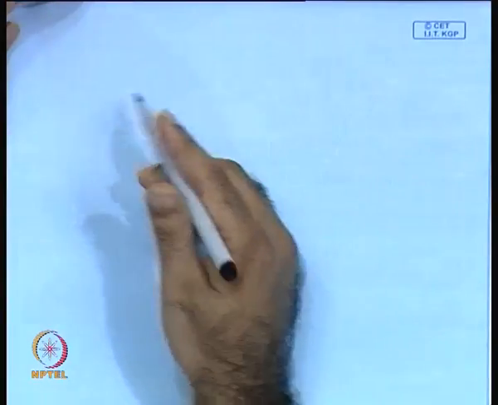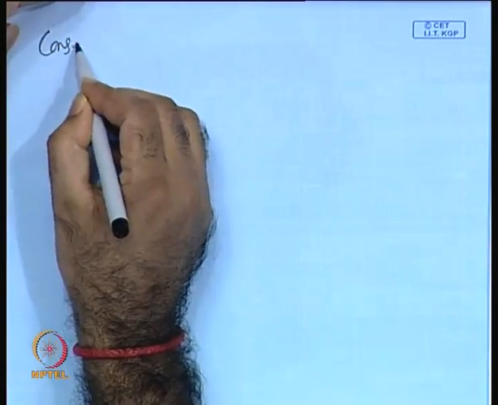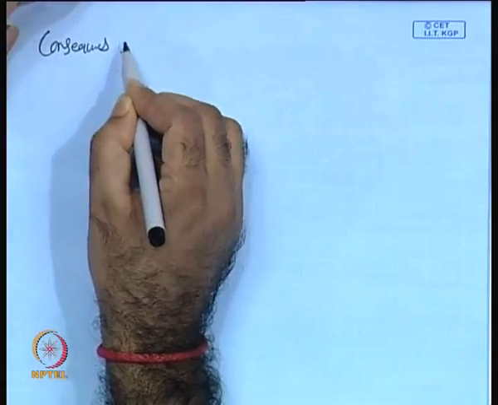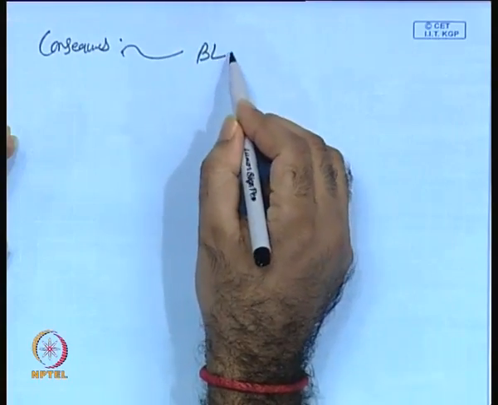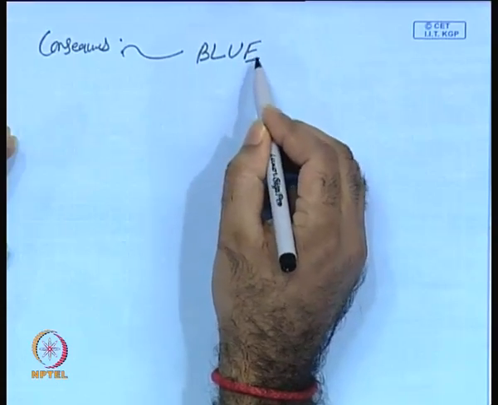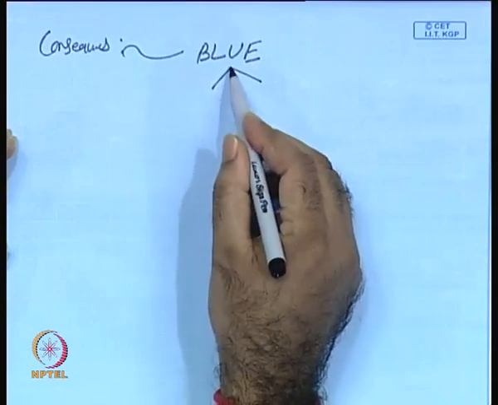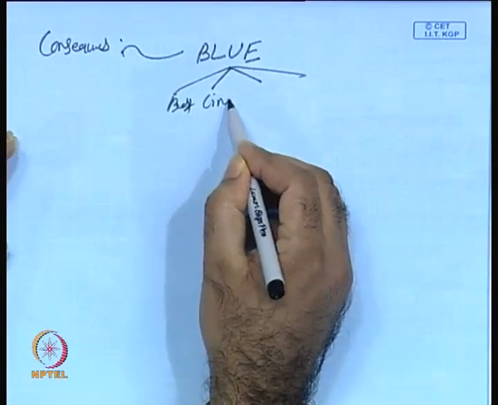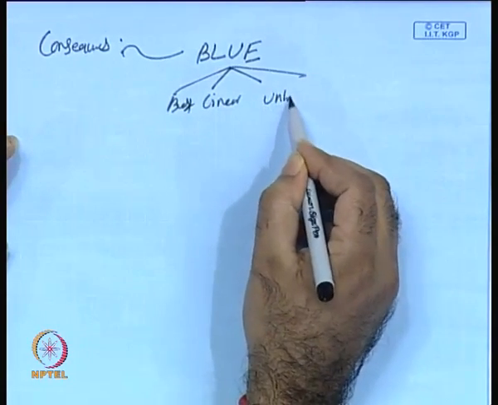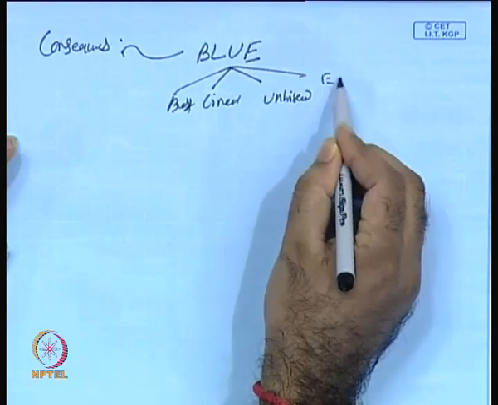Then finally we would like to know the consequences. So far as the consequences are concerned, we would like to highlight the BLUE property. Suppose the consequence is a factor, then we have to see the BLUE factors: best linear unbiased estimators.